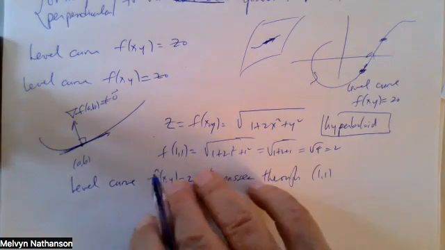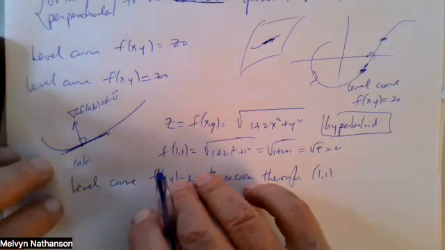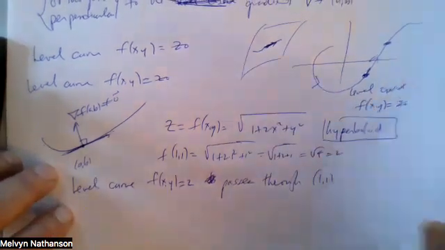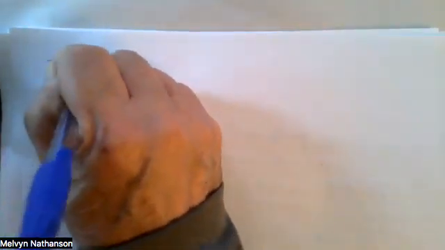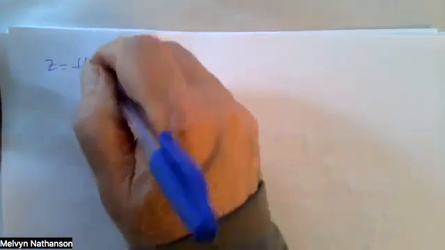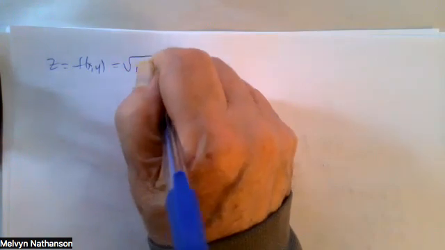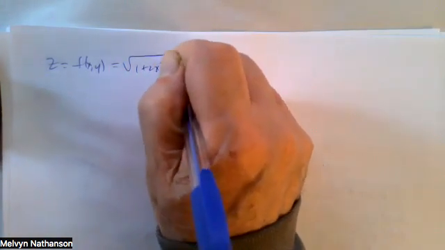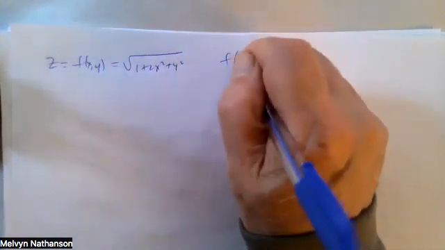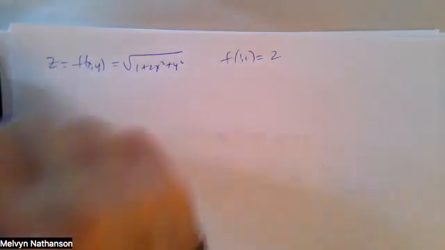In fact, let's just see if we can graph this. If you know Maple, of course, Maple can do everything for you, all these functions, all these curves. So we have the function z equals f(x, y) is the square root of 1 plus 2x squared plus y squared. At the point (1, 1), the value of the function is 2.